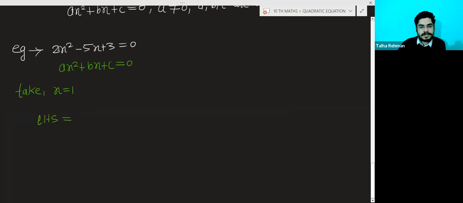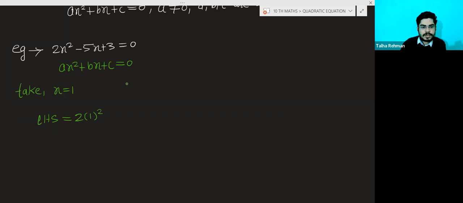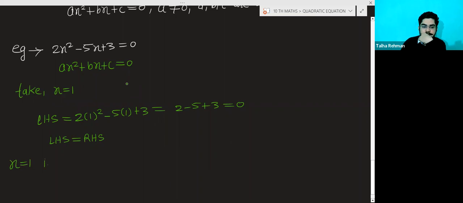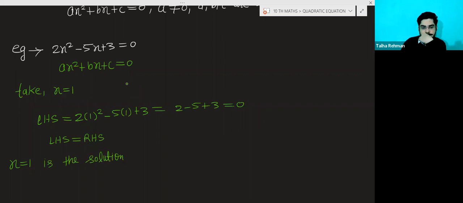It will be 2 into 1 square minus 5 into 1 plus 3, so it will become 2 minus 5 plus 3, and this is equal to 0. Now you can see the left hand side of this equation is equal to the right hand side. It means that x is equal to 1 is the solution of the given quadratic equation.